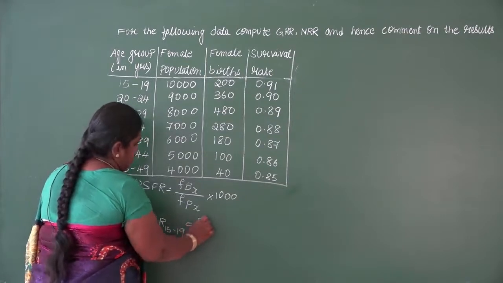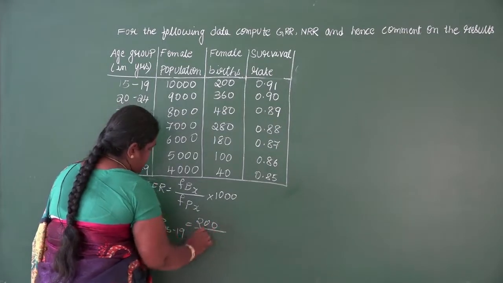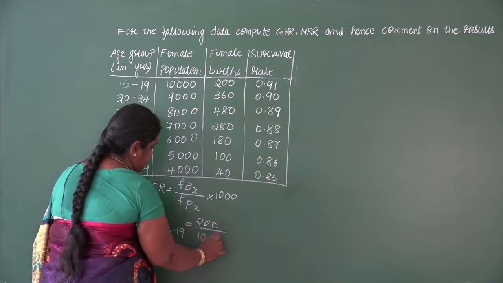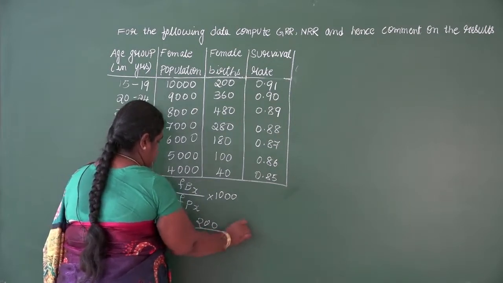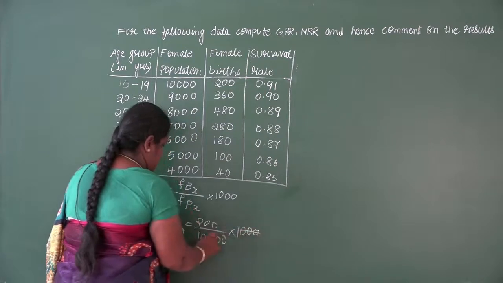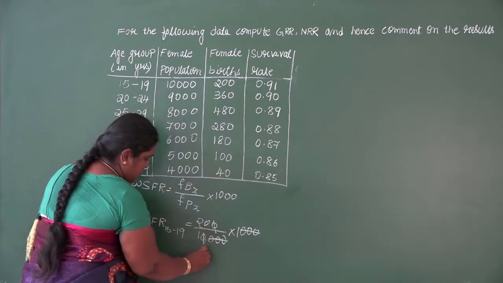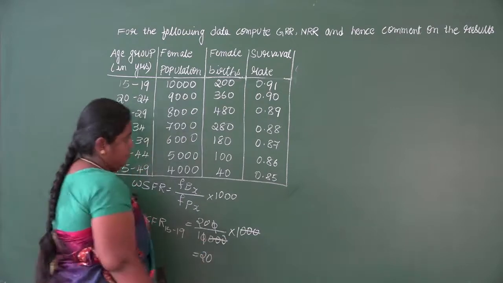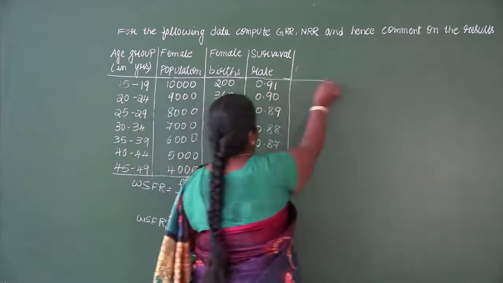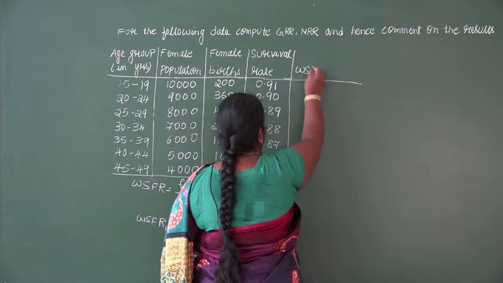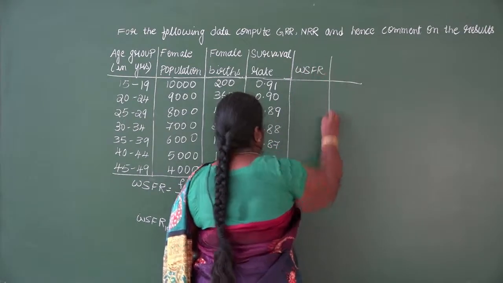So it is 200 divided by 10,000 into 1000. So you can cancel here 1000 and 1000 and even 0 and 0. You'll be remaining with 20. So WSFR first value is 20.